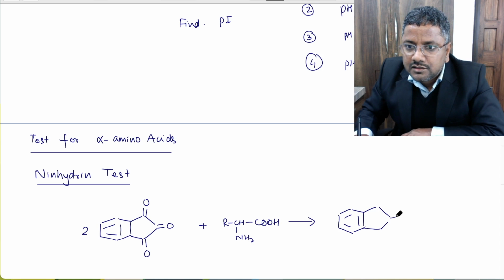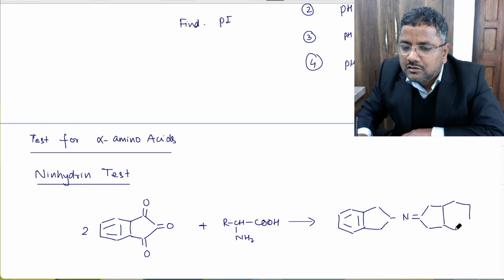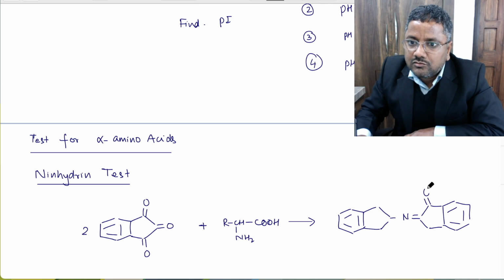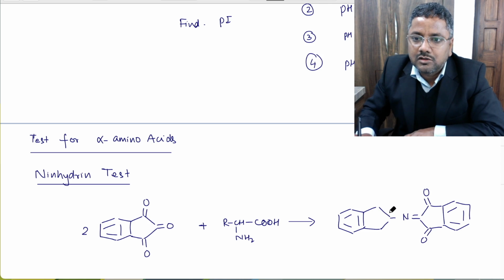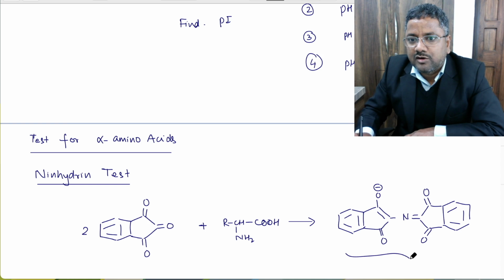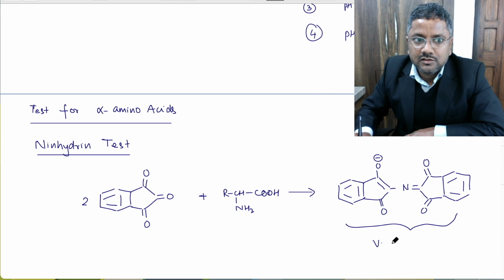Here N double bond, this is the second molecule, double bond O, double bond O, and oxygen will be lost from here and the double bond will come here, O minus and double bond O. So this is a violet color compound formed.